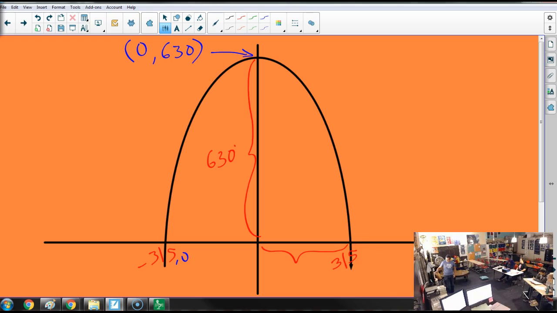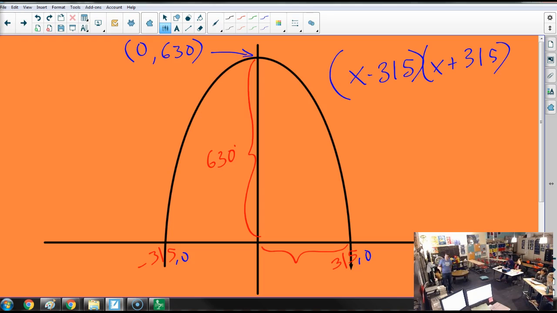Now we need the factors. It's x plus 315 and x minus 315, right? Yeah, because those are our zeros.